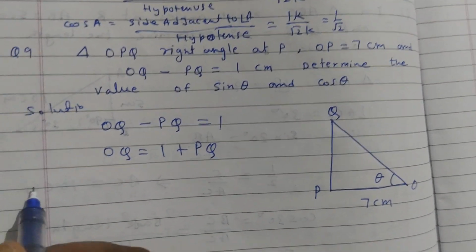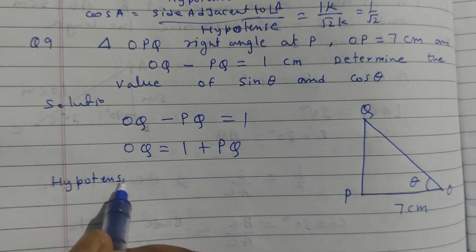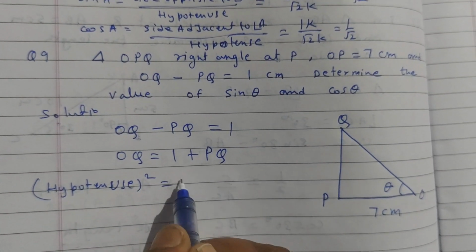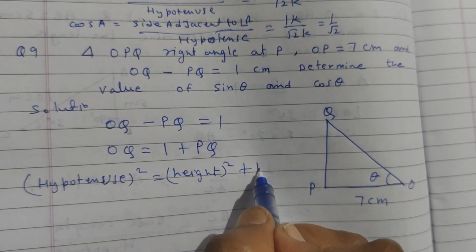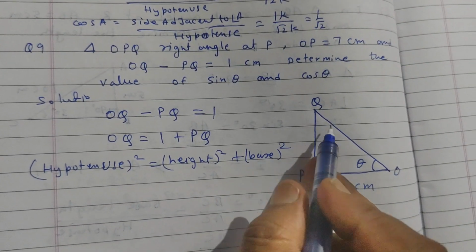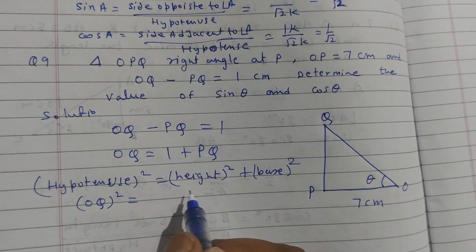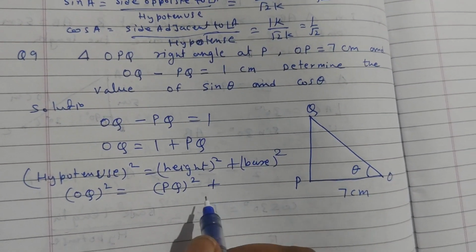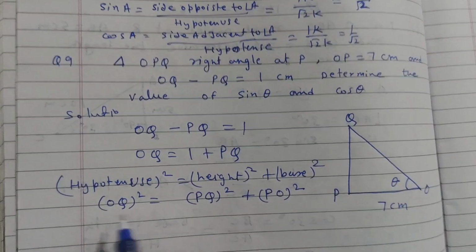So hypotenuse squared is height squared plus base squared. Hypotenuse is OQ, height is PQ, base is PO.